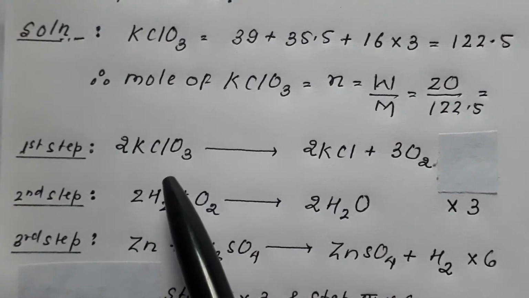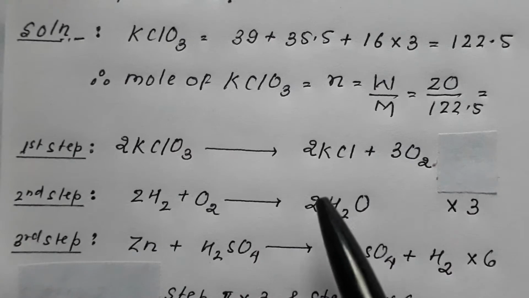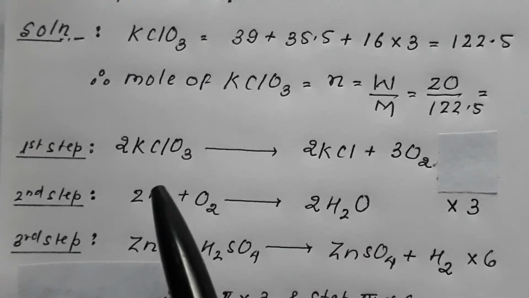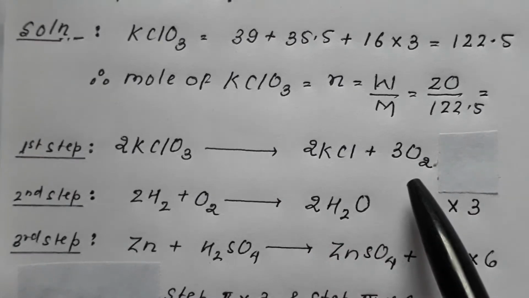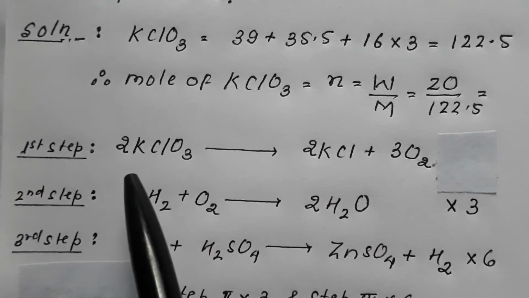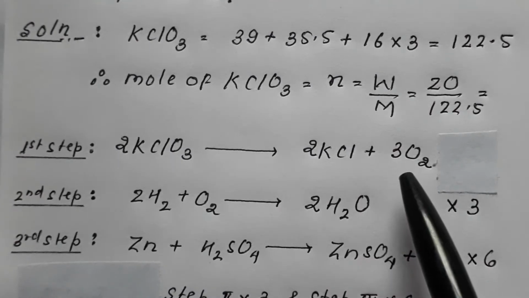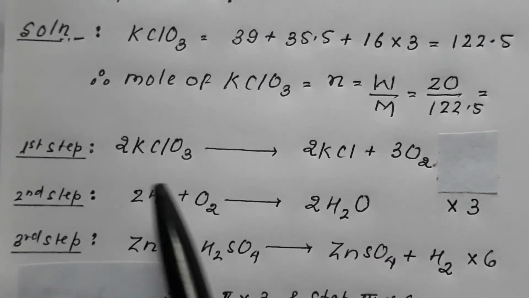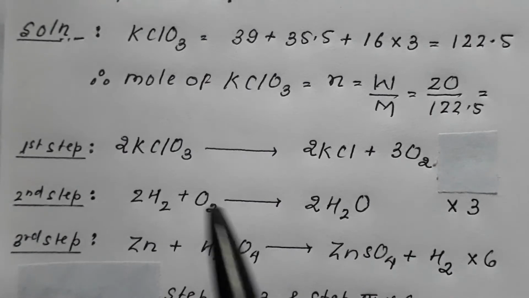Now we know that KClO3, when strongly heated, decomposes to give KCl plus oxygen. To balance it, we write 2 KClO3 gives 2 KCl plus 3O2. This is reaction number 1, the decomposition of KClO3.